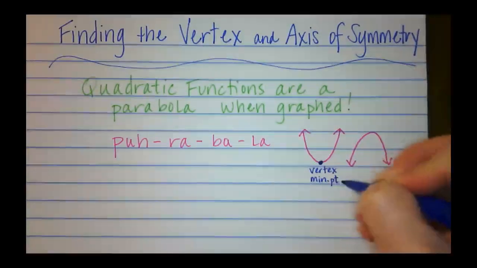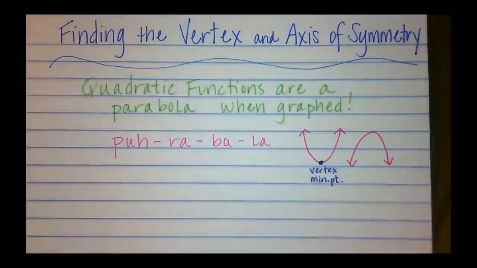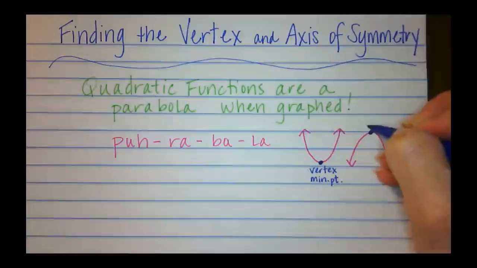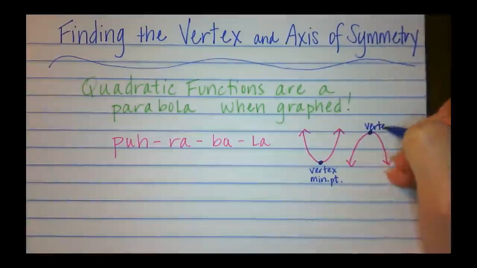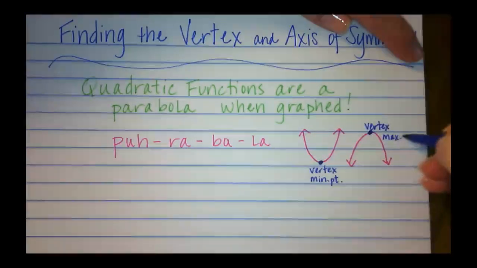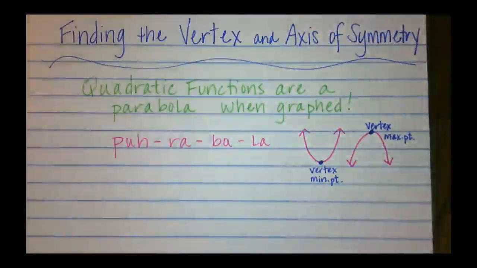So if you think back to what we did last unit when we were talking about maximum points and minimum points, that kind of clues in to where we're headed. This one right here is the vertex on this parabola, and this one would be a maximum point.